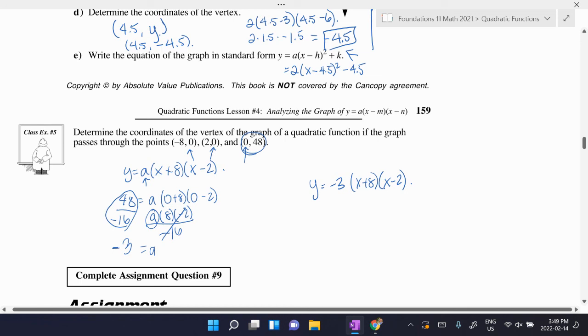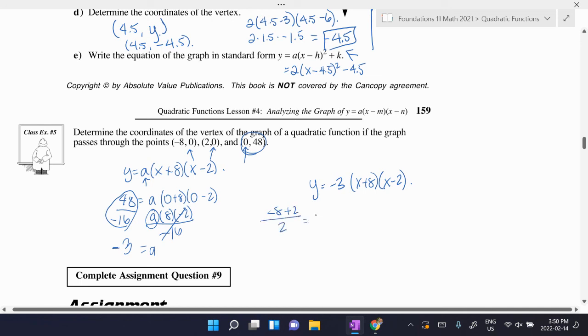Now, from here, we need to find the vertex. Okay. So the axis of symmetry is going to be negative 8 plus 2 divided by 2.